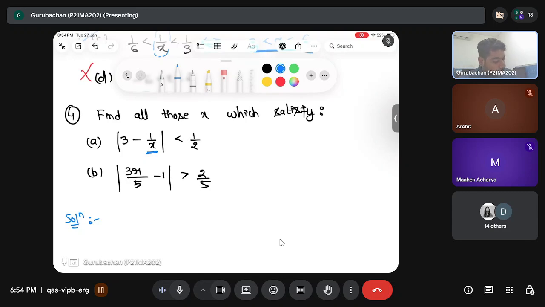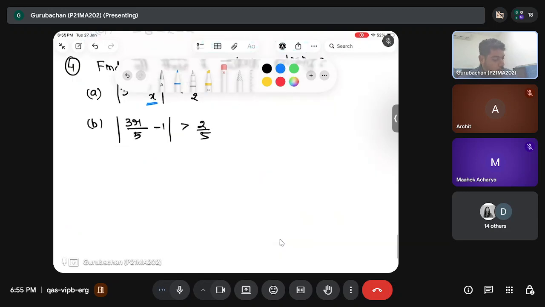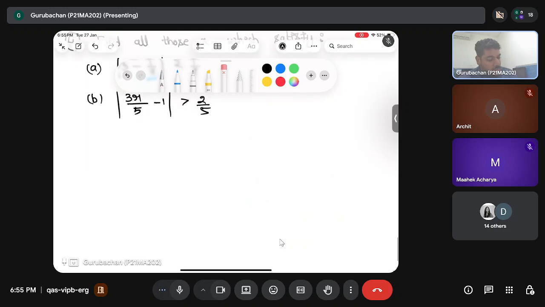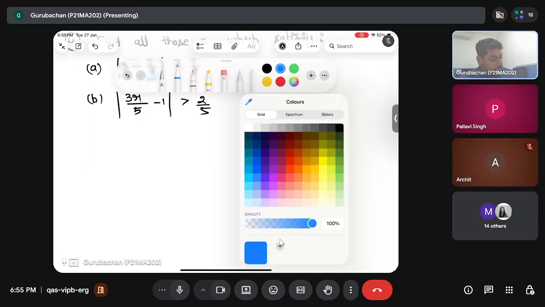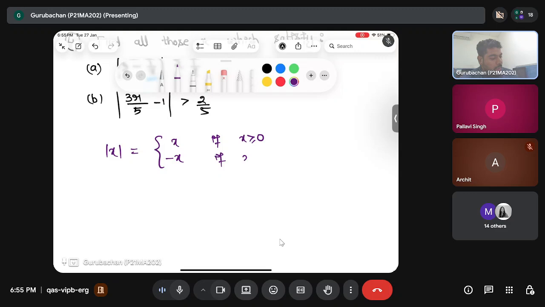Before going to the solution, let me first recall what mod of x is. Mod of x is defined like this: x when it is positive, and minus x when it is negative.